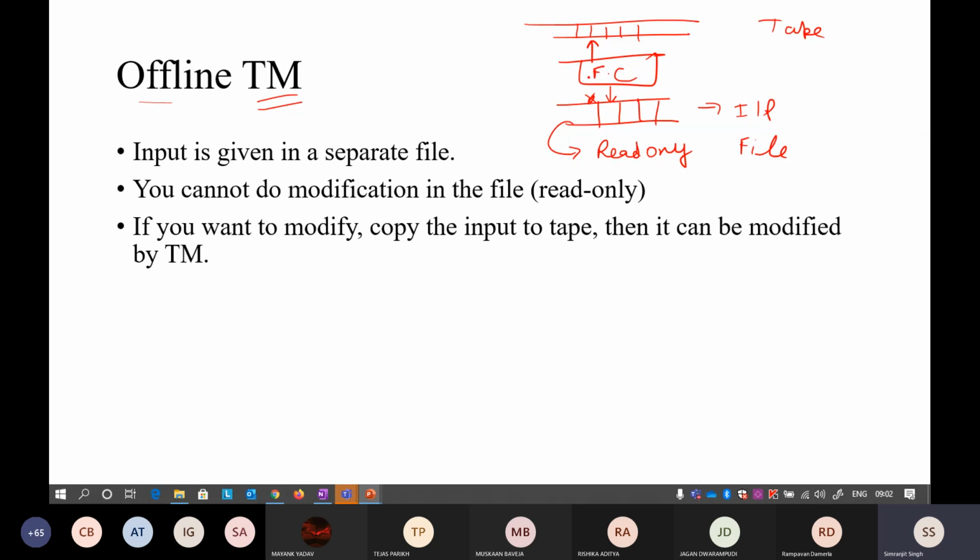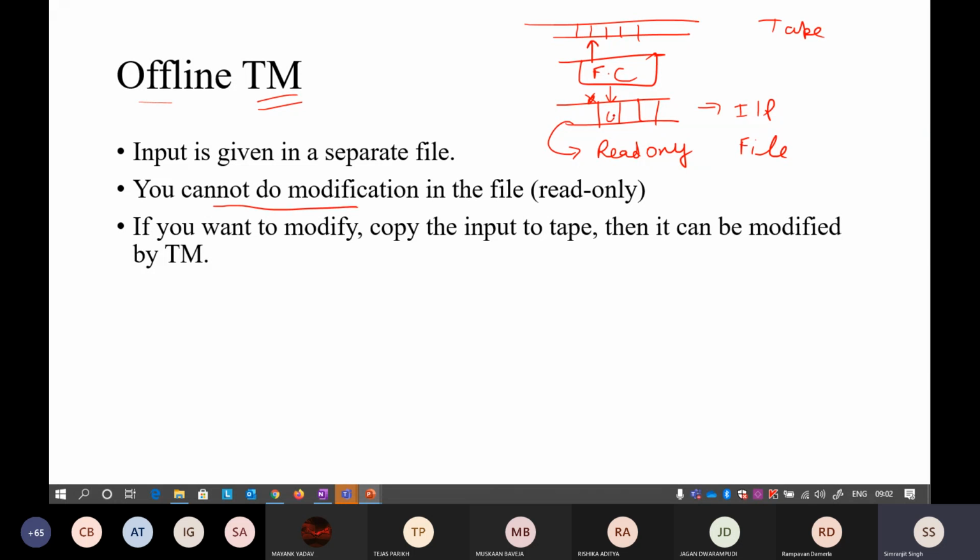The only difference is that in all the earlier Turing machines, it was not defined how we give the input. In this particular Turing machine, you have to give the input by using a specific file, and that file has to be a read-only file, so you cannot modify the file.